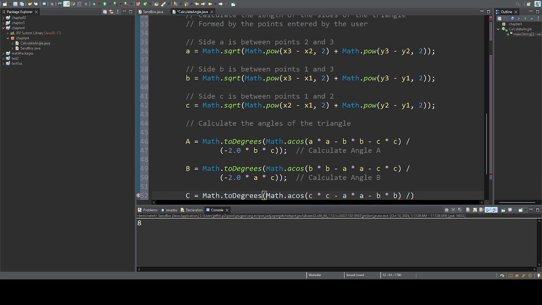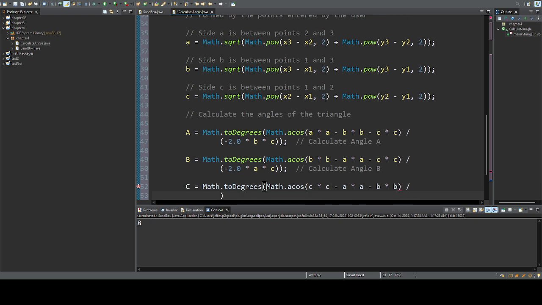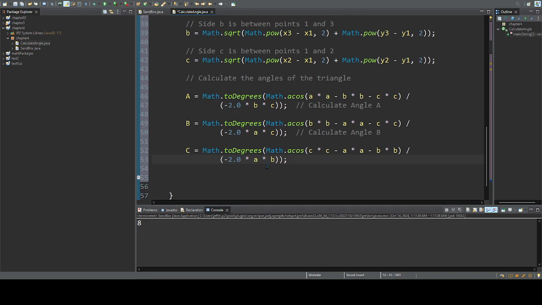We'll divide by 2 times the other sides. And there we have calculated our angles in degrees.